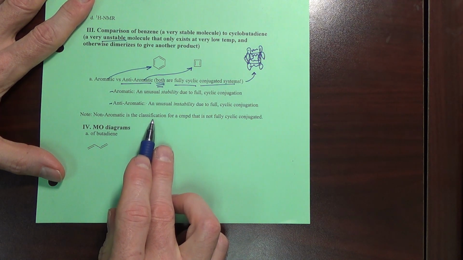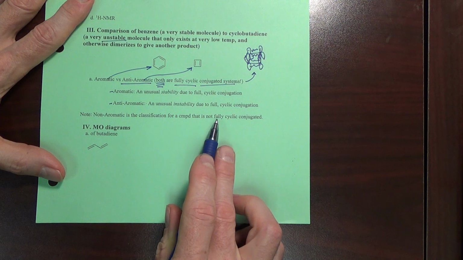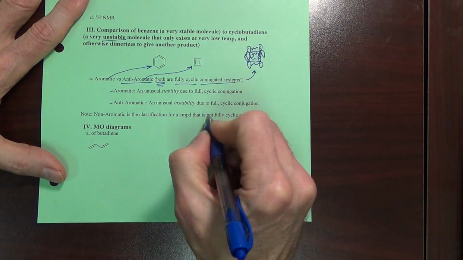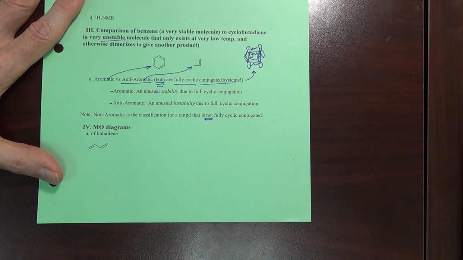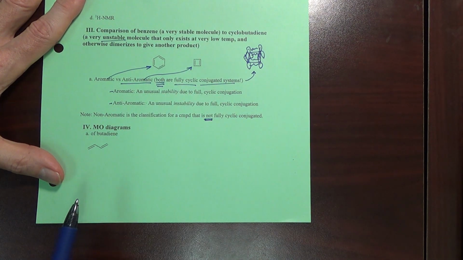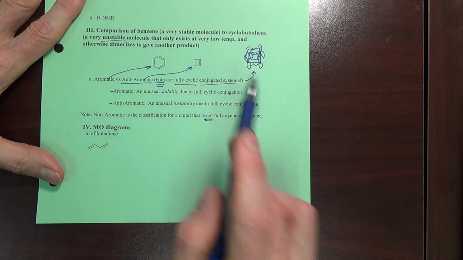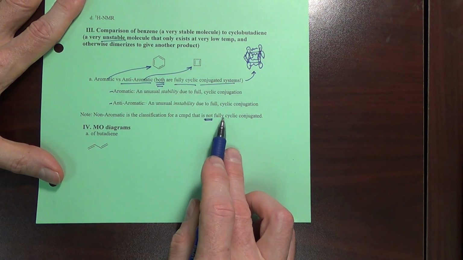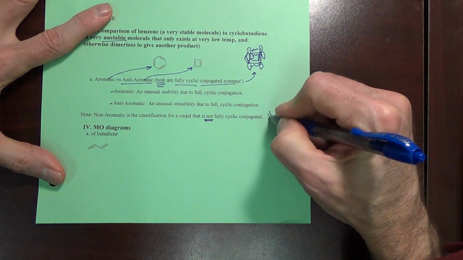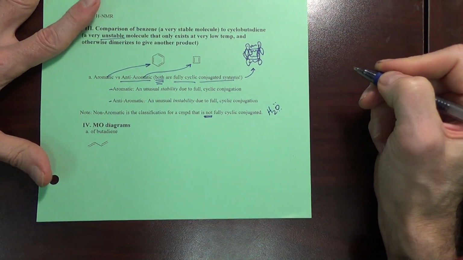Non-aromatic is the classification we will use for a compound that is not fully cyclic conjugated. All right? Both of these are. One's aromatic, one's anti-aromatic. Something that's not fully cyclic conjugated is considered non-aromatic. Guess what? H2O is non-aromatic.